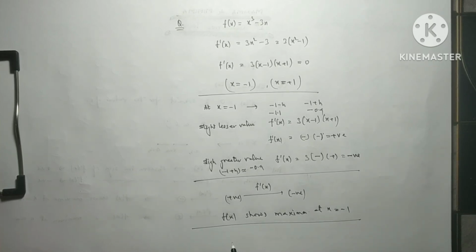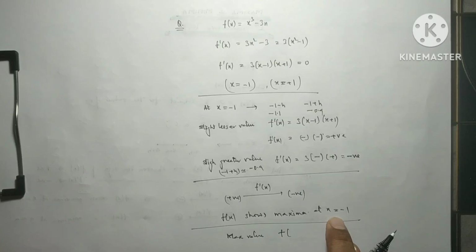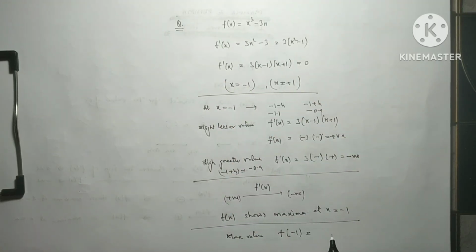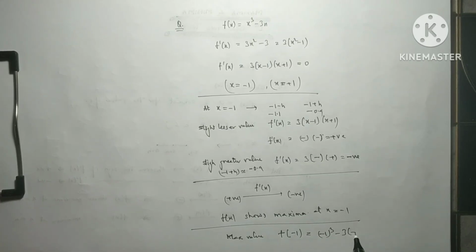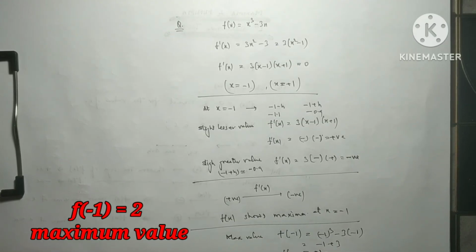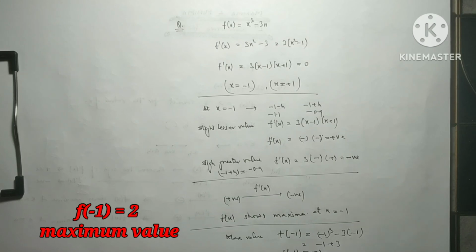So for the maximum value, when you put this value in the given function, f(minus 1) will be minus 1 cube minus 3 into minus 1. So you get minus 1 and plus 3, so you get plus 2. So f(minus 1) is plus 2, that is the maximum value.